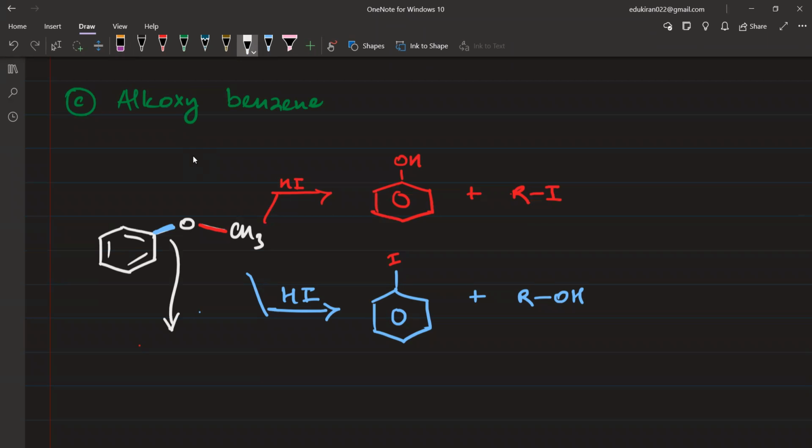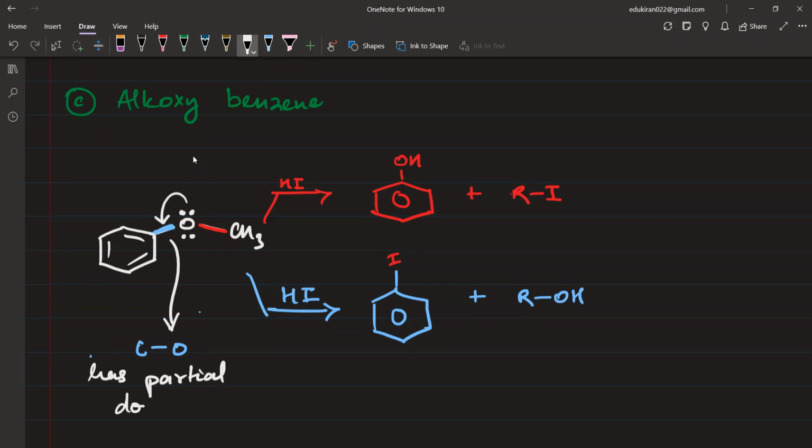Because you have benzene. So, what happens with benzene? Whenever you have oxygen, this will show resonance, and this will get partial double bond character. This blue CO bond gets partial double bond character due to resonance. Do you guys remember it now? Yes, sir.